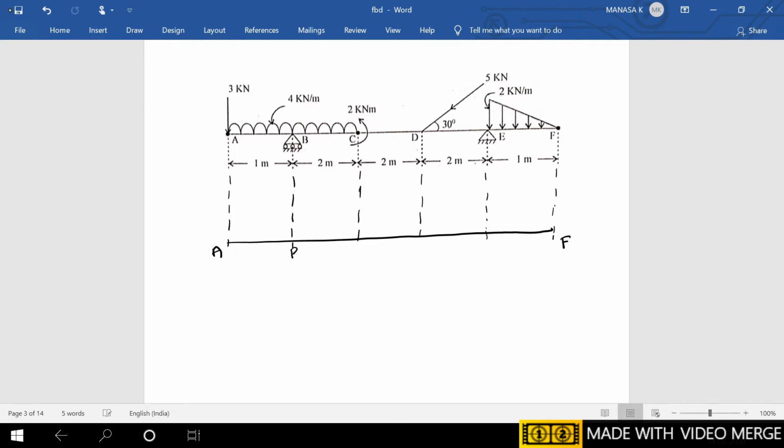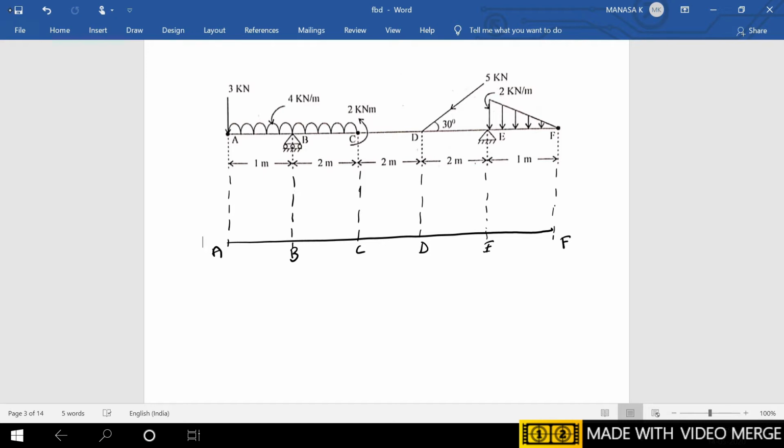Mark all the variables B, C, D, E. See, in this beam you have the support at B and E. You can see that EF is an overhanging portion over the support and AB is an overhanging portion over the support. So it is an overhanging beam here.